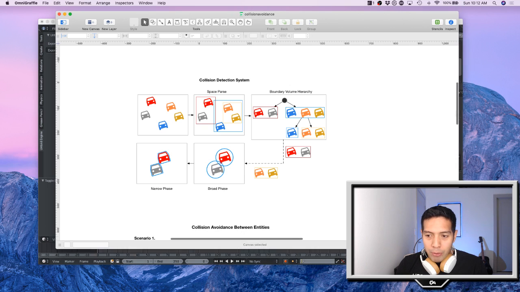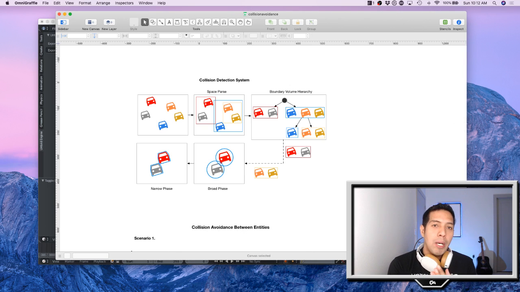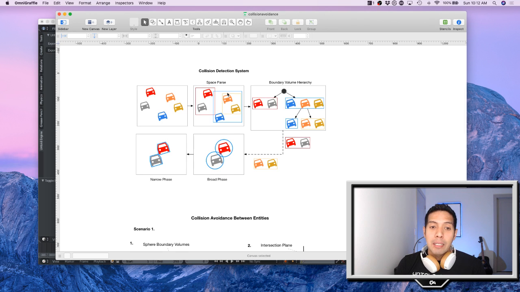Okay. And before I do that, I want to talk to you about how the collision detection system in the engine works before I go into the whole behavior of collision avoidance. All right. So the collision detection system is basically divided into two parts. The first thing that I do before I do anything is I parse the space of the scene.